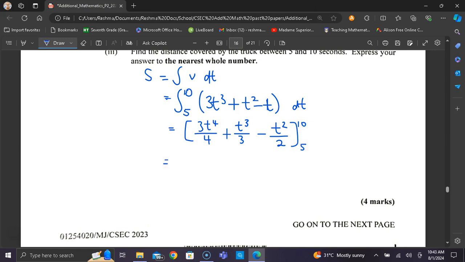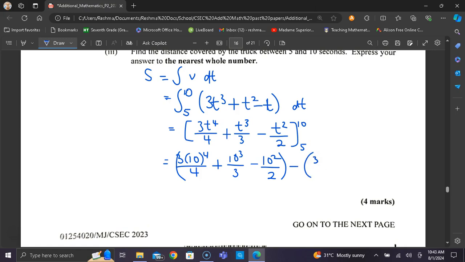So let's substitute our limits now. So we have 3 by 10 to the power of 4 over 4 plus 10 cubed over 3 minus 10 squared over 2. So that's the first distance.